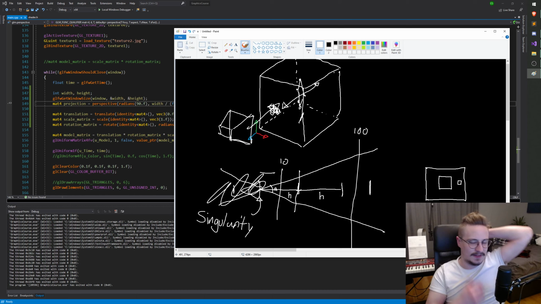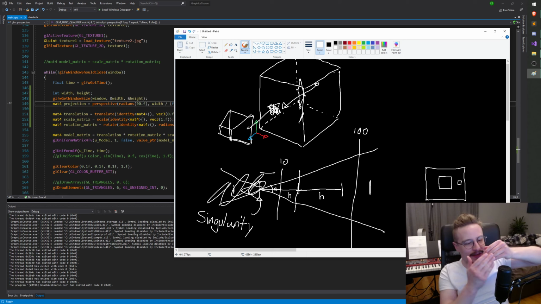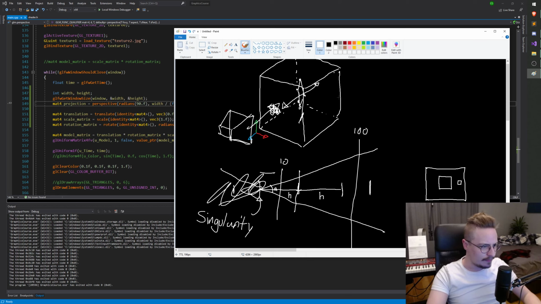And that will actually cause floating point imprecision. The depth calculations will mess up, because the floating points are just not precise enough to handle objects that are so close to each other in the NDC cube. So you want to try to spread them out on your NDC cube as much as possible.